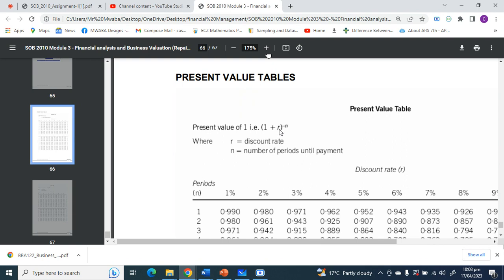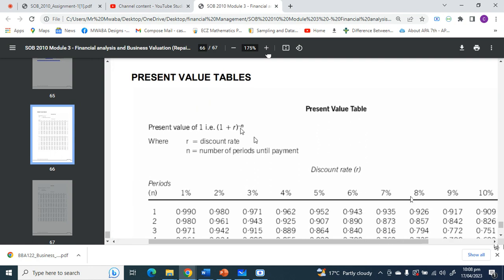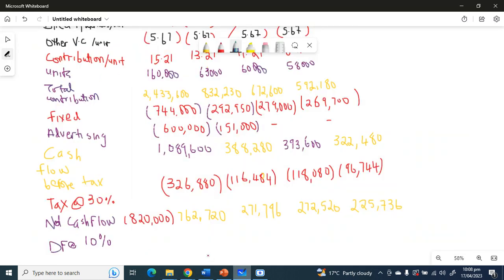Your r will be 10%. The n will just be changing. So in year 0, since it's to the power negative 0, our discount factor is 1. And it is always going to be like that. Always.